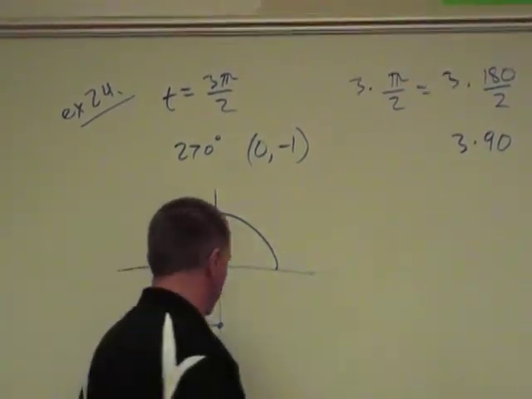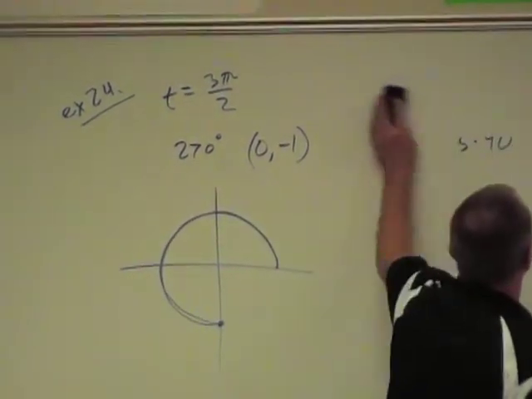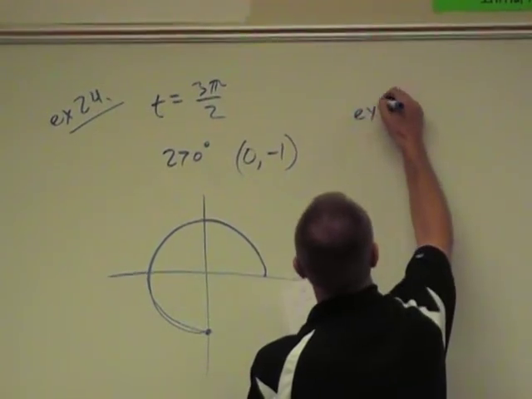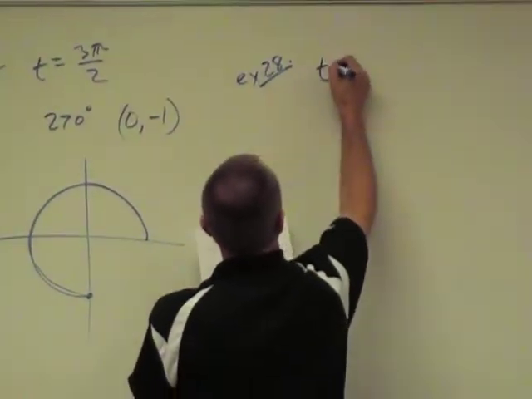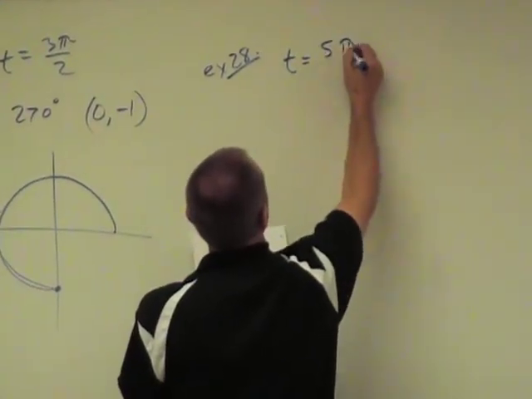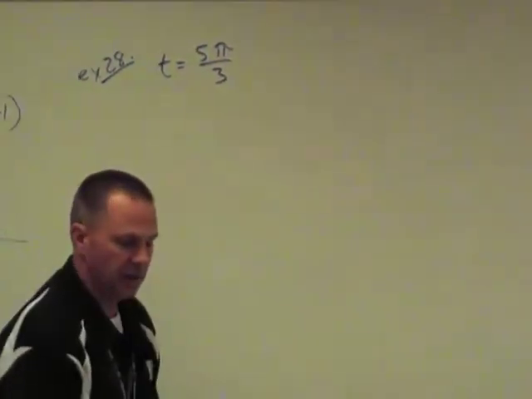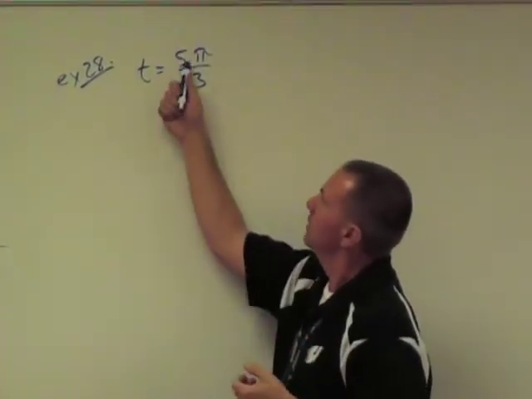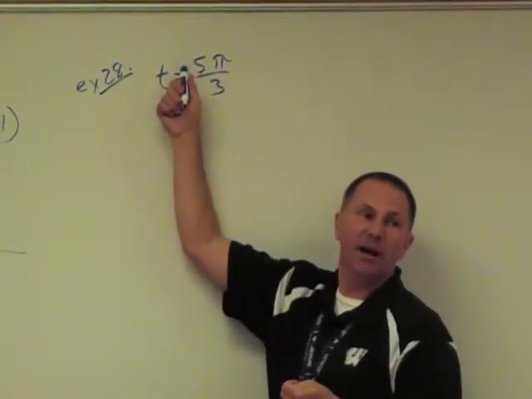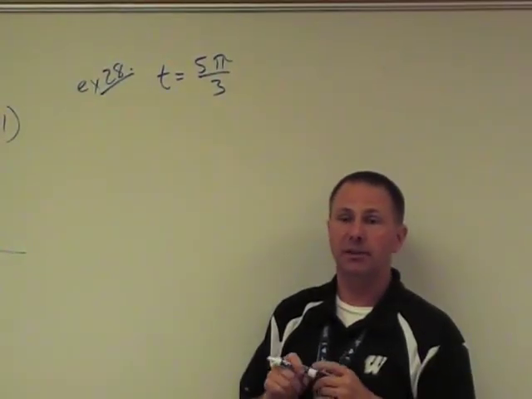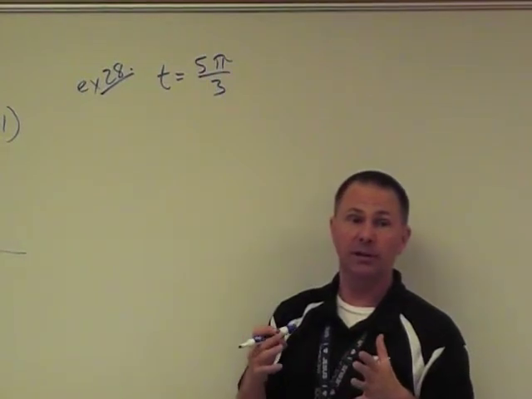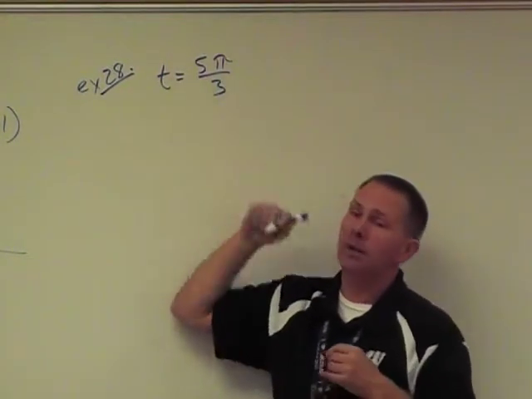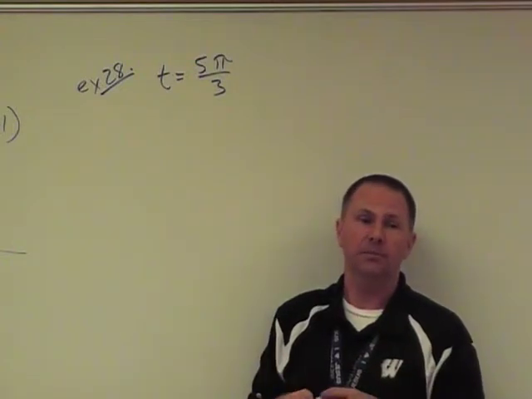Okay, so let's do another one then. Since you need to know how to, you tell me how to do this. Number 28. No. I'm gonna help you. Again, I want the same thing. I want to know what the terminal point is. Now I could take 5 times 180, but that's really crazy. I don't know what that number is. Maybe if I take 5 divided by 3, we'll know that's an ugly fraction.